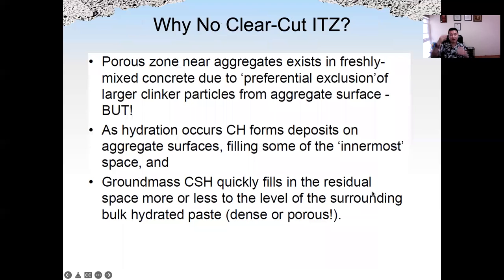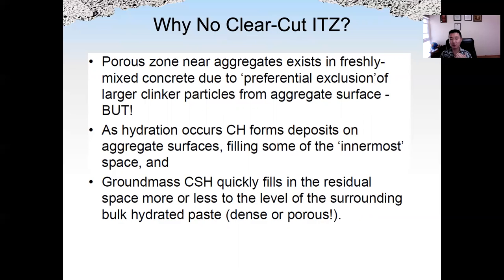So sometimes we cannot find a clear-cut ITZ, like in 100-day-old concrete. So why is there no clear-cut ITZ? Initially we have a porous zone in the ITZ areas due to the so-called preferential exclusion of larger clinker particles from the aggregate surface. We also call that the wall effect.